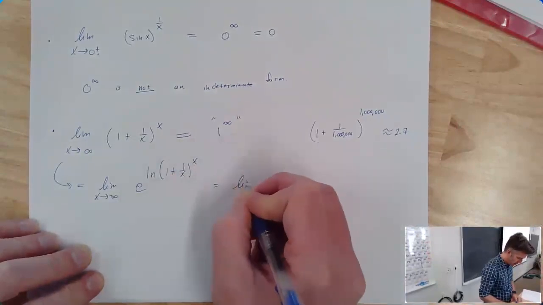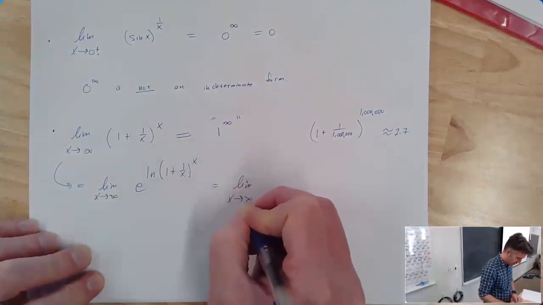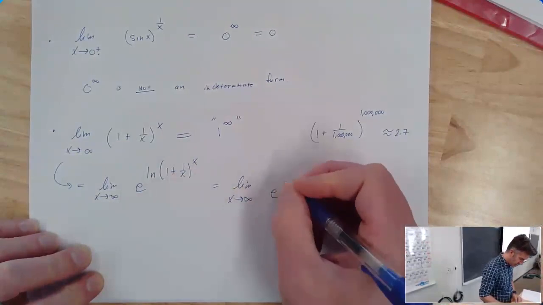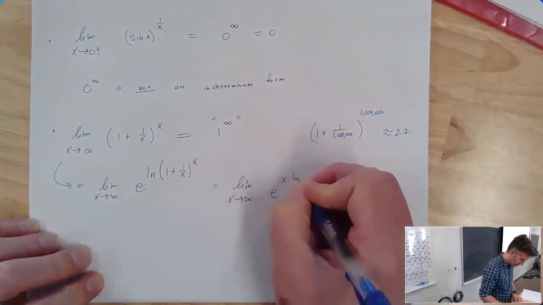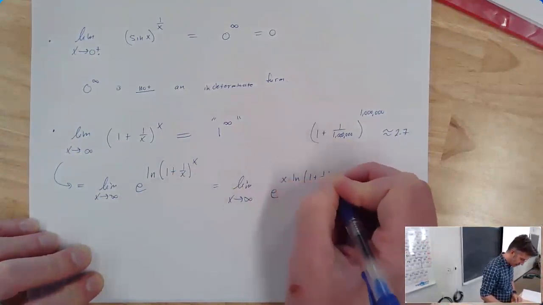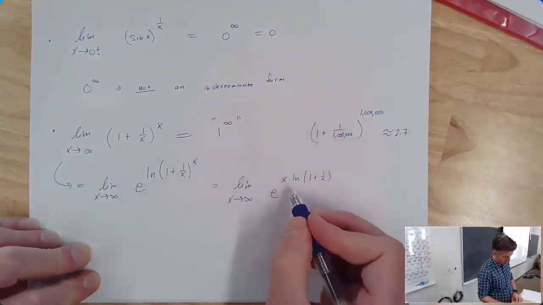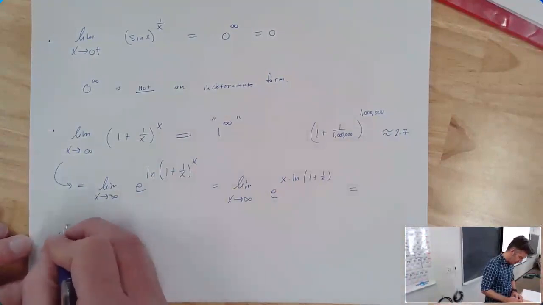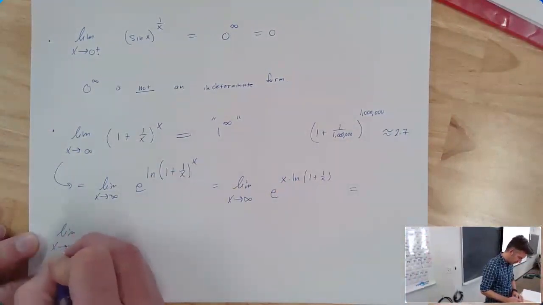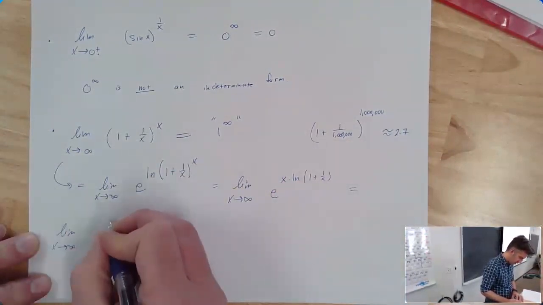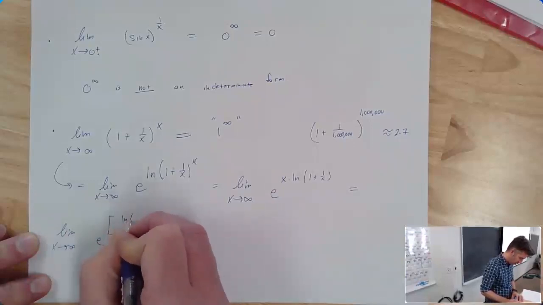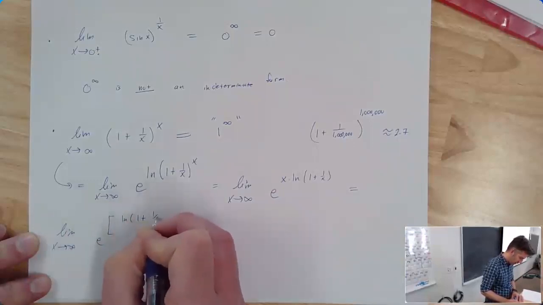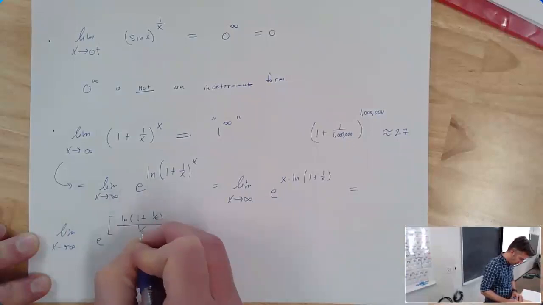So it's going to be the limit as x goes to infinity of e to the x times natural log of 1 plus 1 over x. And then we're going to bring that x below the natural log as its reciprocal. So we're going to rewrite this as the limit as x goes to infinity of e to the natural log of 1 plus 1 over x over 1 over x.